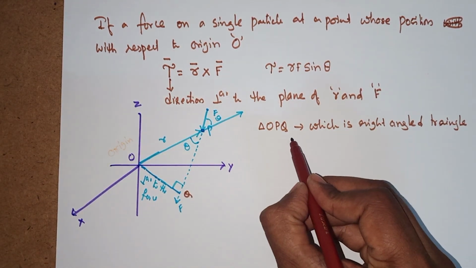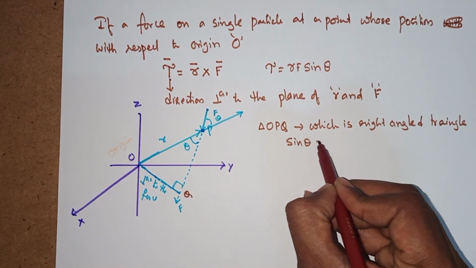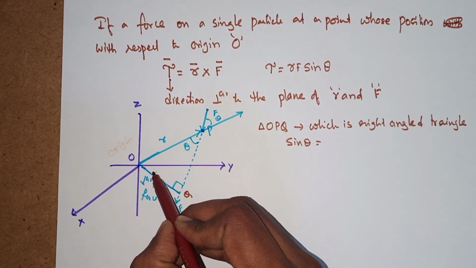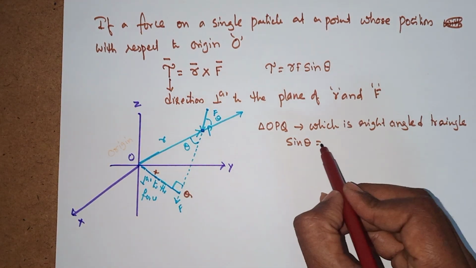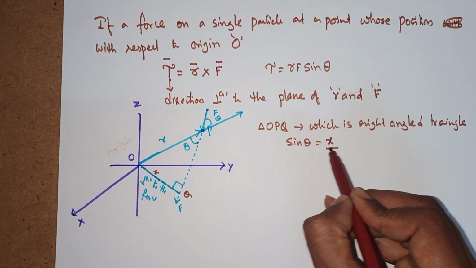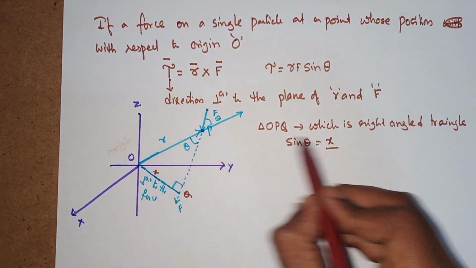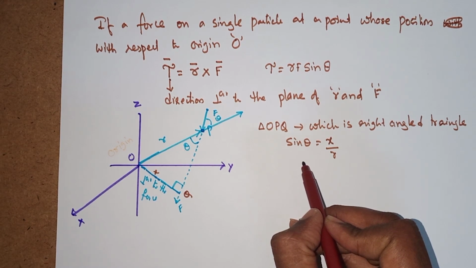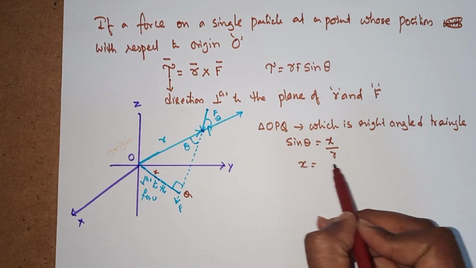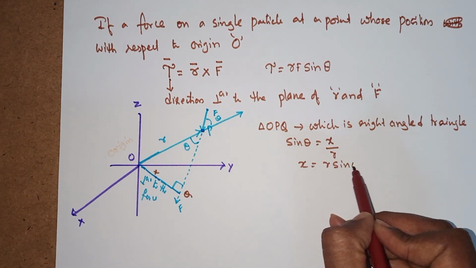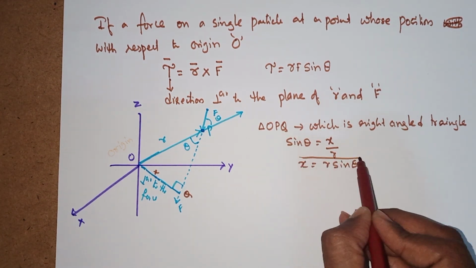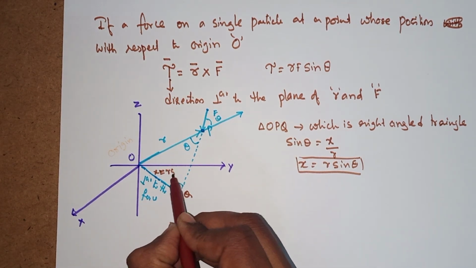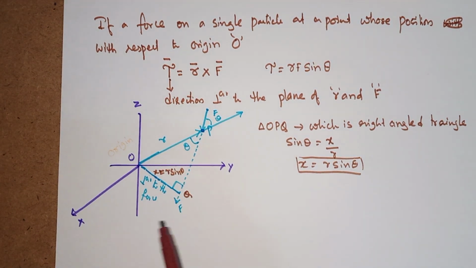So sin theta is equal to opposite, let's say x, by hypotenuse r, and x is equal to r sin theta. So x is equal to r sin theta.